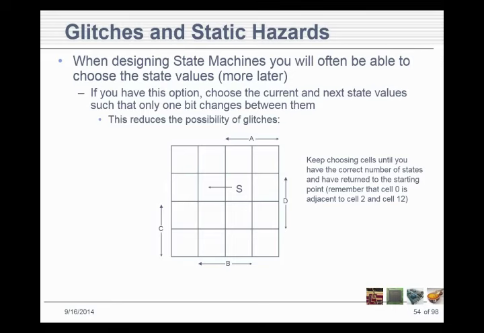No, I'm just saying that cell 0 is adjacent to cell 2 and 12. Okay, so this one is cell 13 in binary. That should be what, 1101? Is that what that is? Yeah. Pierre says it is. Okay, he's the man when it comes to this kind of conversion, right? Well, he is now, so if he makes a mistake, it's all his fault.